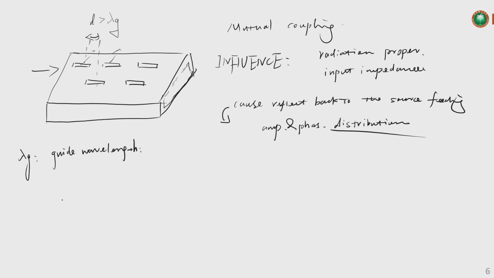It is different from lambda, right? Lambda is the wavelength in free space. All right. So when electromagnetic waves propagate inside of the waveguide, that means it has a specific mode, right?